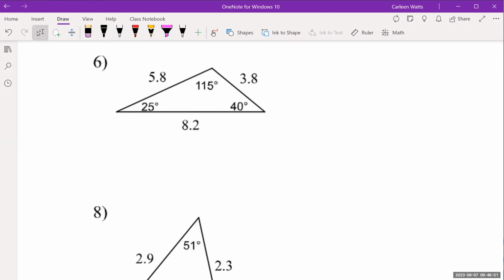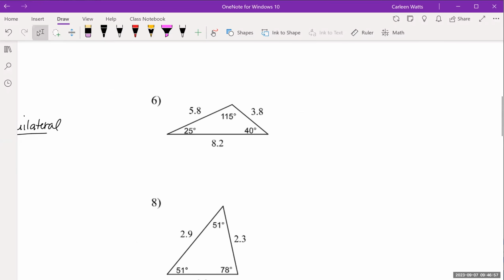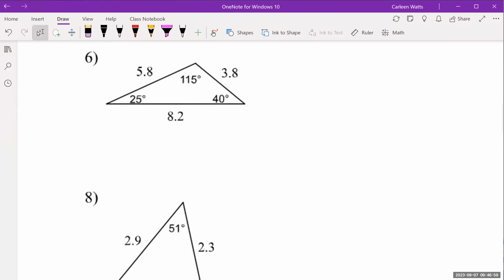Number 6. What is this? Careful. Okay, you guys are all right. Scalene.